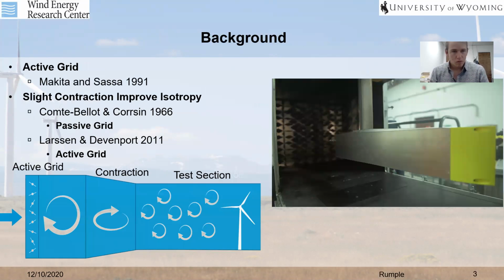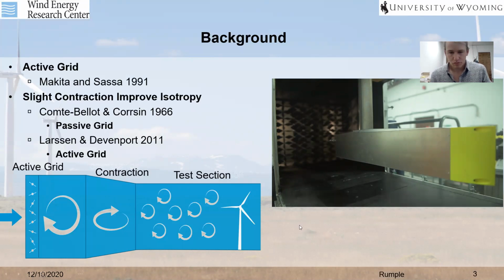So exactly what an active grid is, well, an active grid was first published in literature by Makita and Sasa in 1991, and they used it to essentially change turbulent inflow quantities. So a grid, and you'll see in this video, is essentially a grid with control surfaces that are actively driven by the actuation of motors.